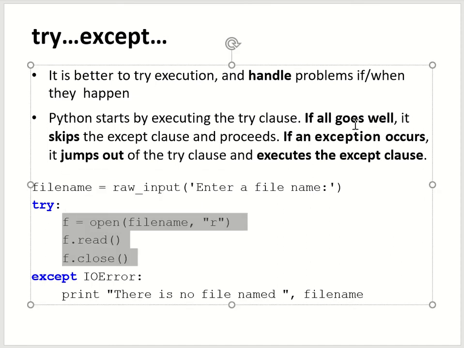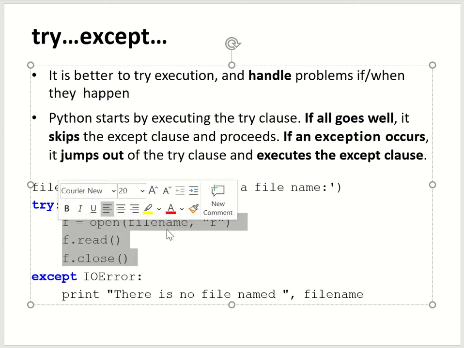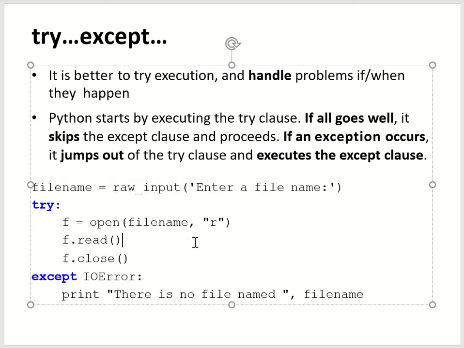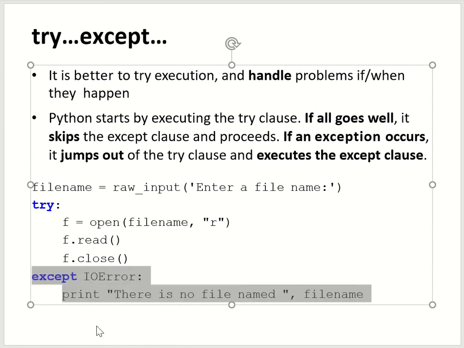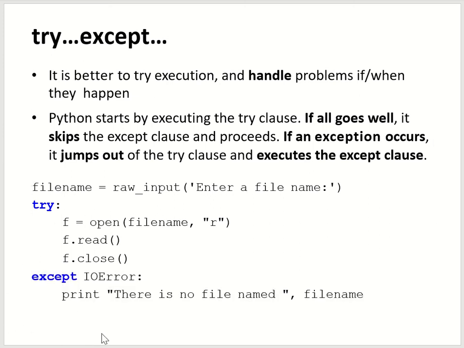Now, if that all goes well and there's no runtime error, so this file name does exist, then this except block is going to be skipped. So it'll just proceed to whatever was below that in the program.